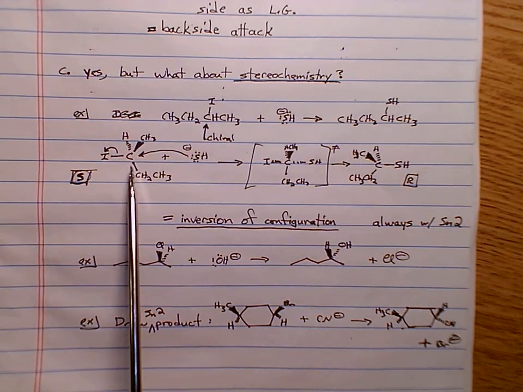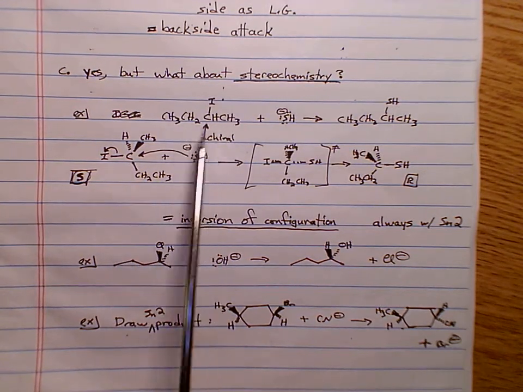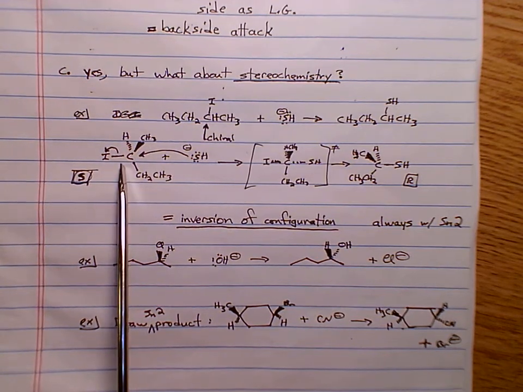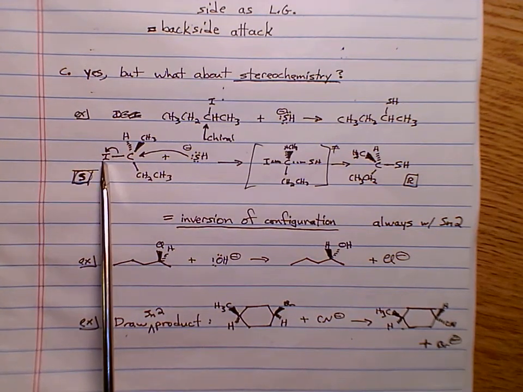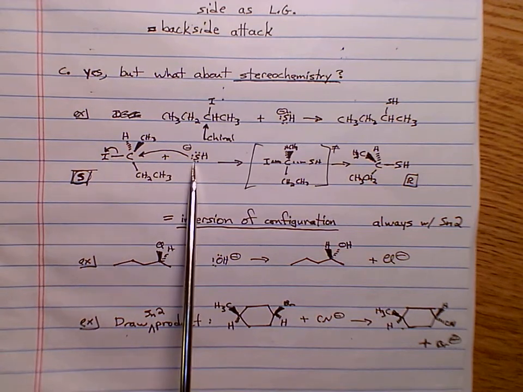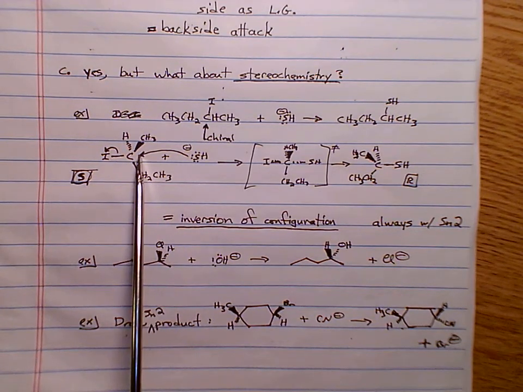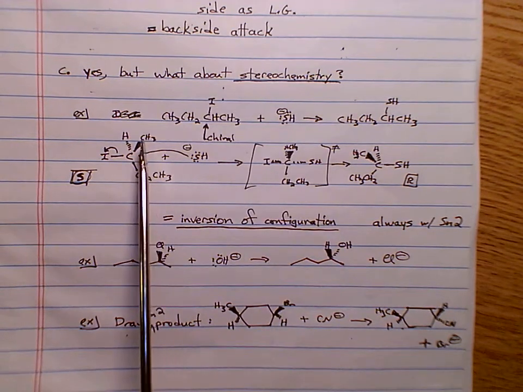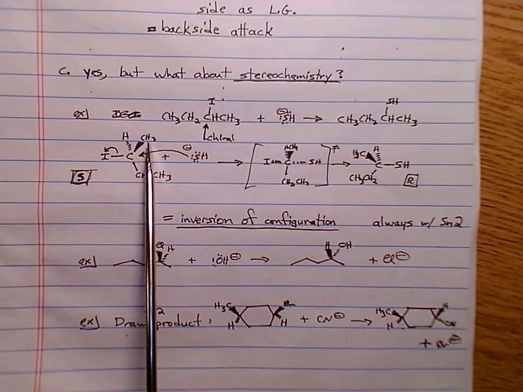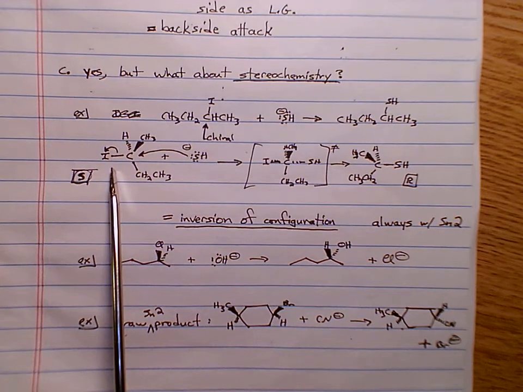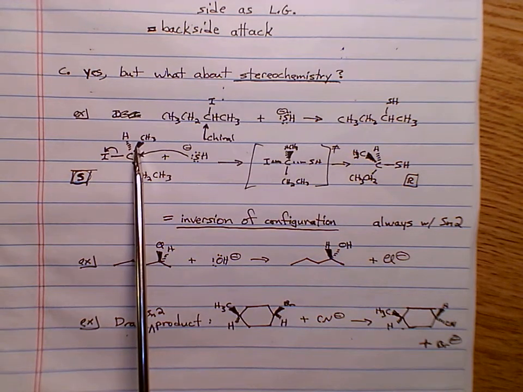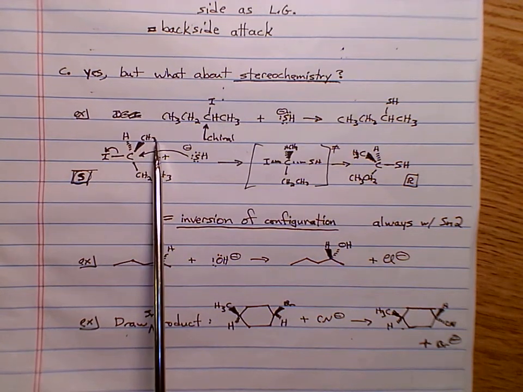If we draw one of the enantiomers of this molecule in its stereochemical form here, all spread out, we see here's the iodide going out this way. We know the sulfur has to come in from the back side. We also know in the transition state that these three groups are going to be flopped back to the side where the iodide was. And they just go flopping back. So note this CH3 is coming out towards us and to the right.